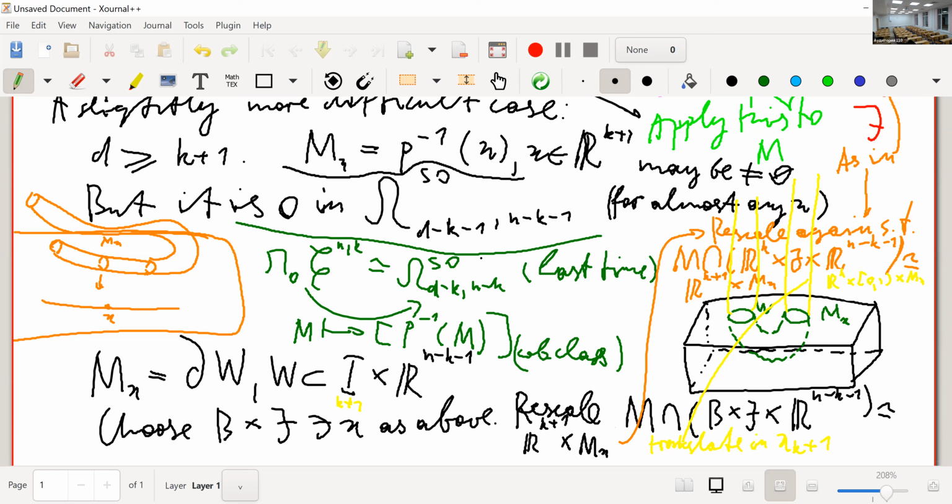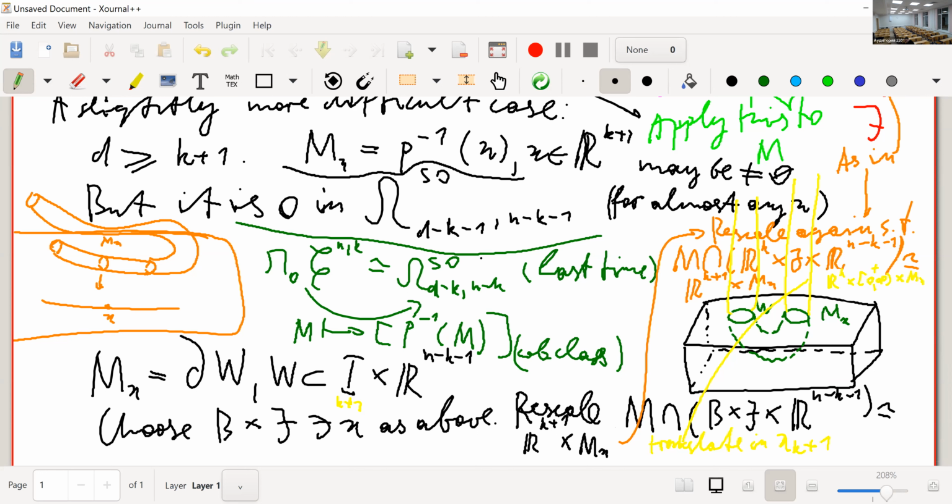a cylinder. Well, not exactly a cylinder because I have this R^k here, but the way here is supposed to be (0, infinity). Okay, I take Mx, I take W, I attach some kind of a cylinder along Mx.